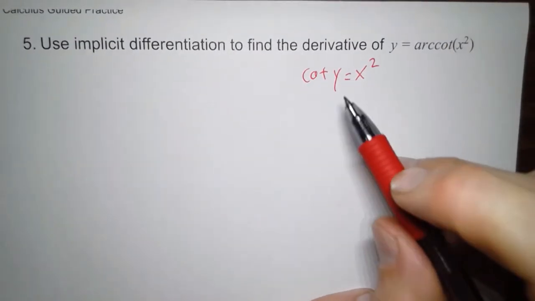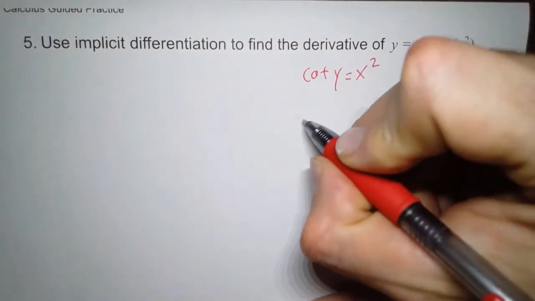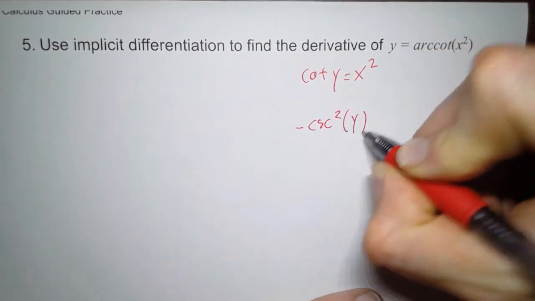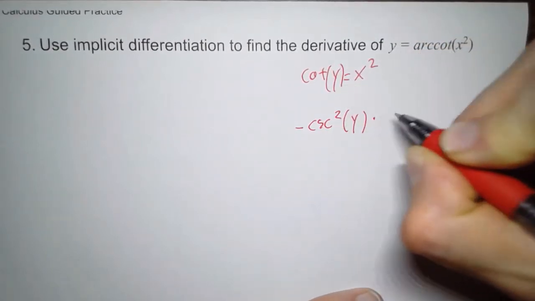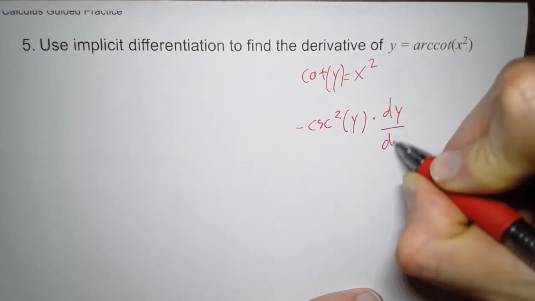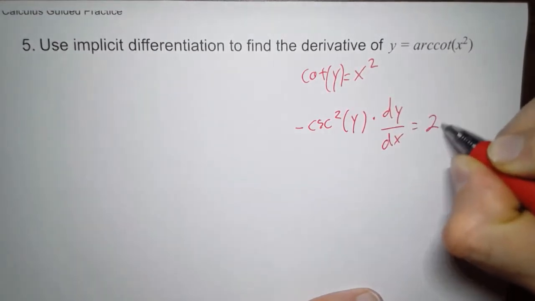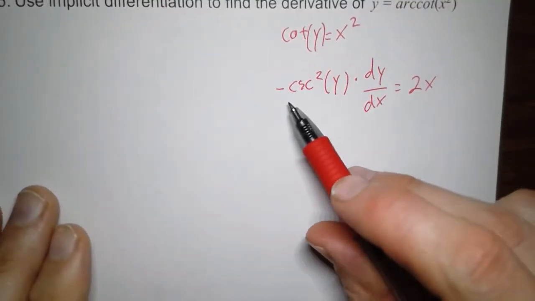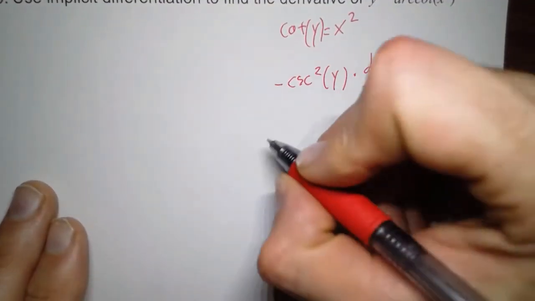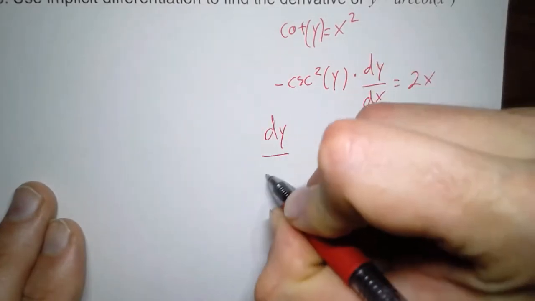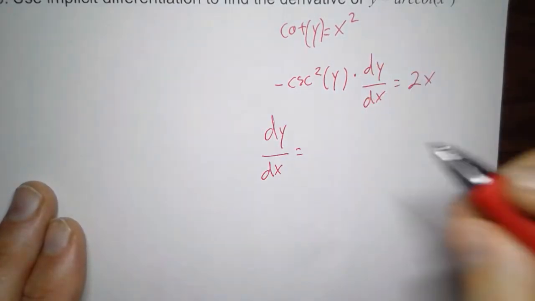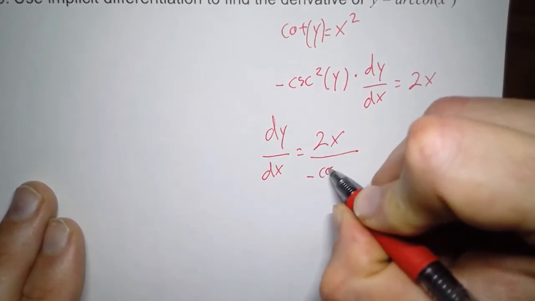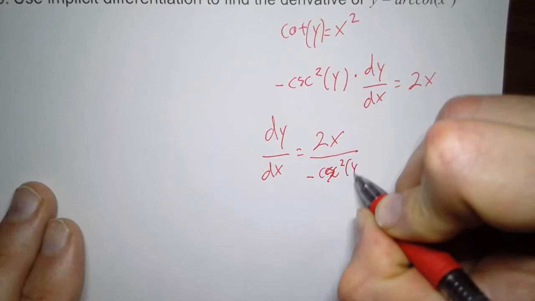When we take this derivative implicitly, it becomes negative cosecant squared of y times dy dx equals 2x. So we're going to divide by negative cosecant squared of y, leaving dy dx alone on the left.